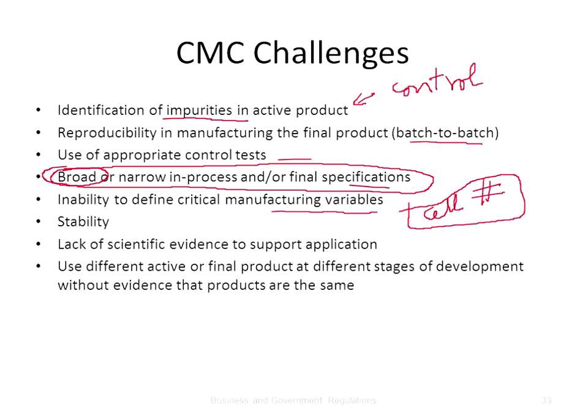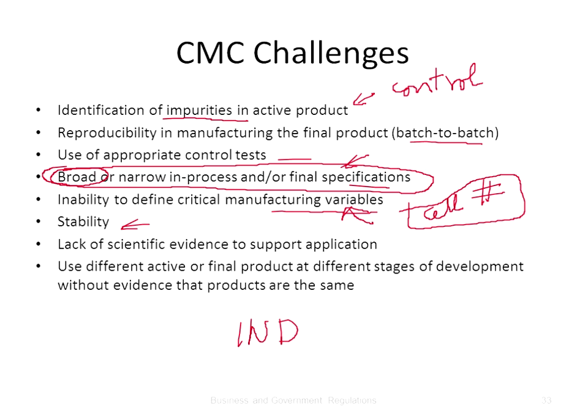So these are challenges that you have to face. You know, how broad the specifications should be, what should be the critical, how do you define critical variables, how stable is your product. These are all challenges that you face when you are putting together the CMC section, especially for an IND.